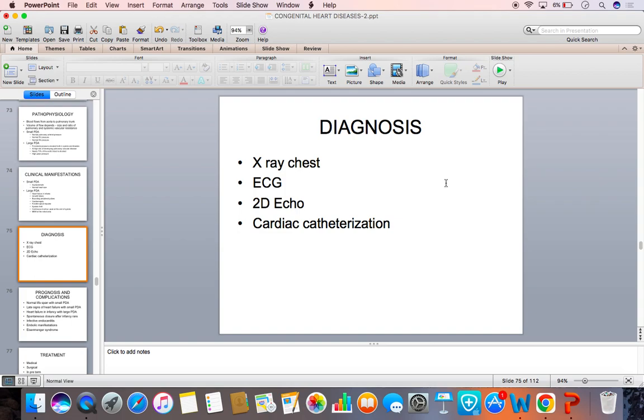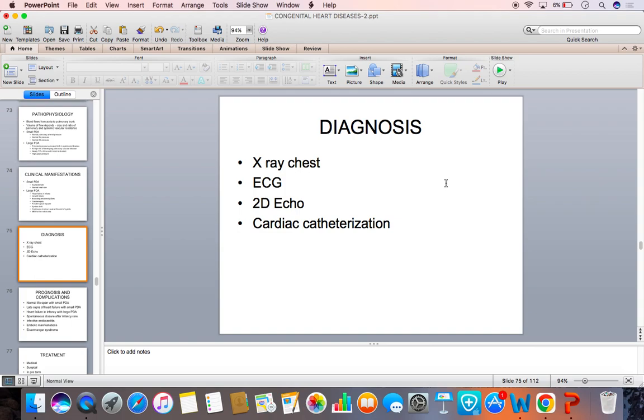Diagnosis. X-ray chest is going to show pulmonary plethora with enlargement of the left atrium and left ventricle. Okay. There is dilatation of the pulmonary trunk. ECG shows not much.